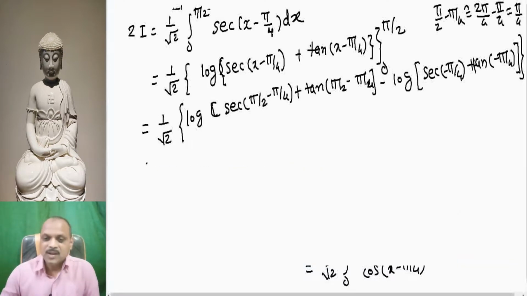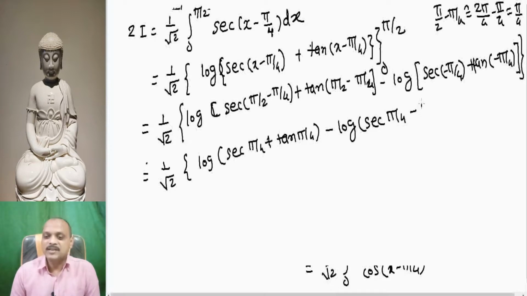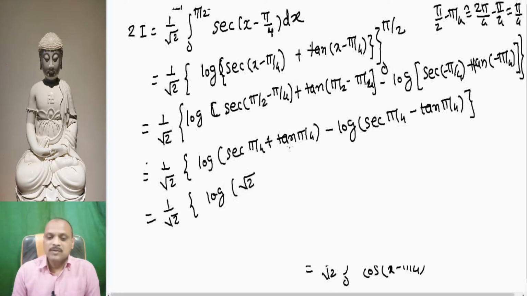You can see that this is equal to 1 divided by under root of 2 into log of sec pi by 4 plus tan pi by 4 minus log of sec pi by 4, tan minus theta is minus, that is tan pi by 4, sec pi by 4, this under root of 2, log of under root of 2 and tan pi by 4 is 1, minus log of under root of 2 minus 1.